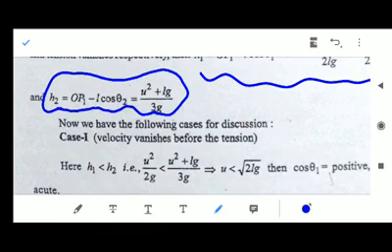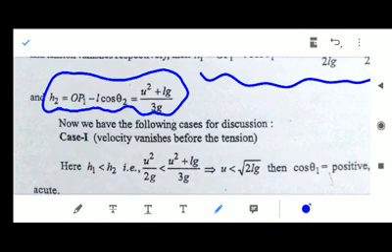Now we have the following cases for the discussion. Case 1, when the velocity vanishes before the tension. It means h1 is less than h2. The height at which velocity becomes 0 is less than the height at which tension becomes 0. So in that case we have u square upon 2g less than (u square plus lg) upon 3g.